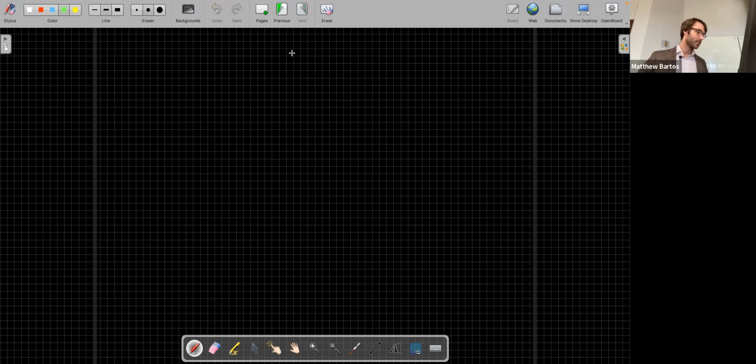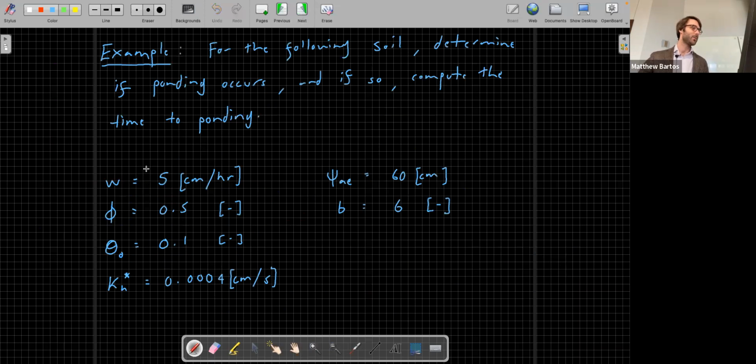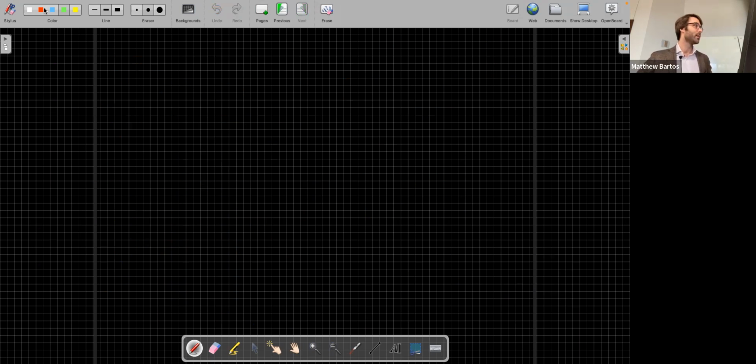Okay, so let's go ahead and compare the rainfall rate against the saturated hydraulic conductivity. We have to change units on the rainfall rate really quick. So W is equal to 5 centimeters per hour. We can just multiply this by 1 hour over 3,600 seconds. And that gives us a rainfall rate of 0.00138 centimeters per second.